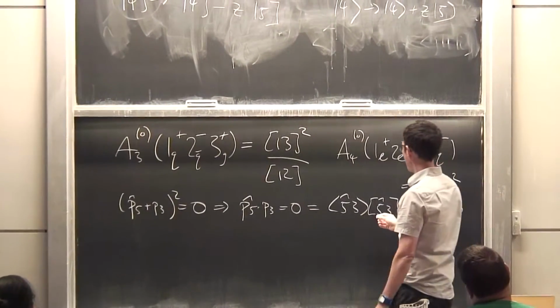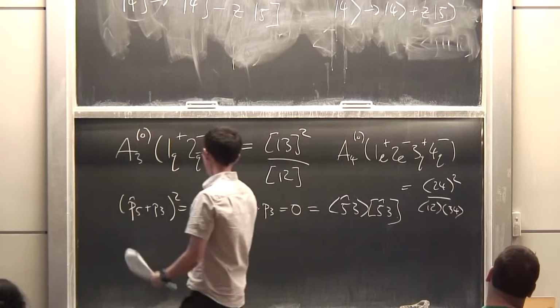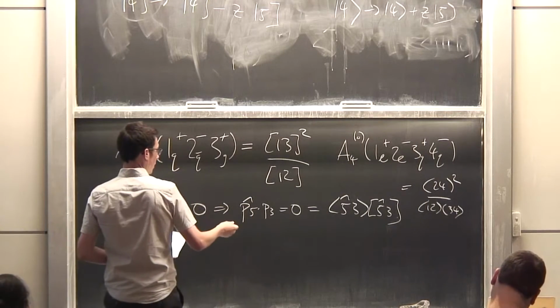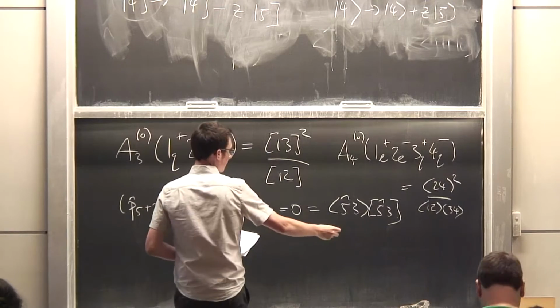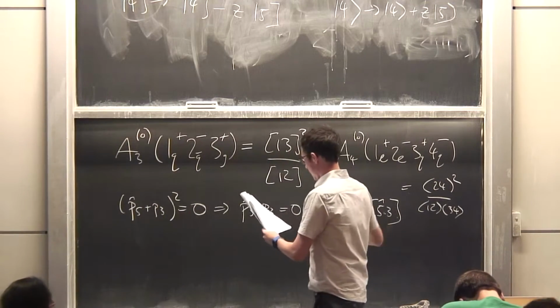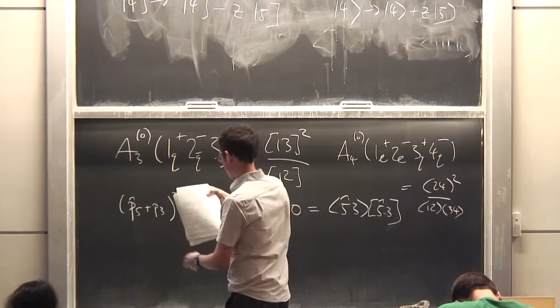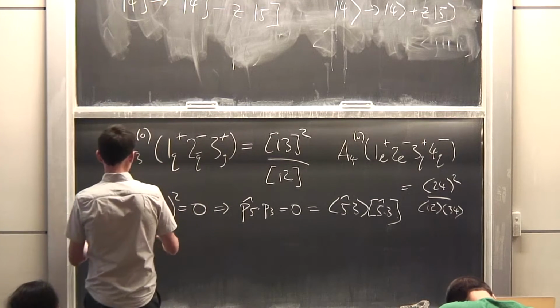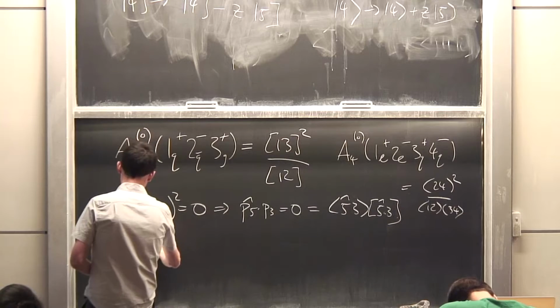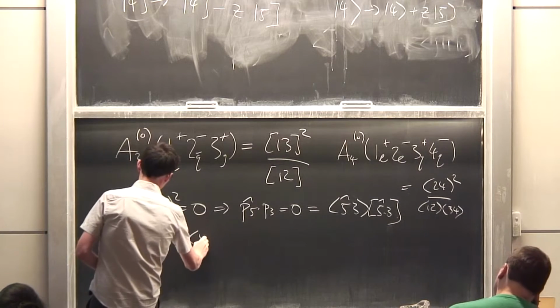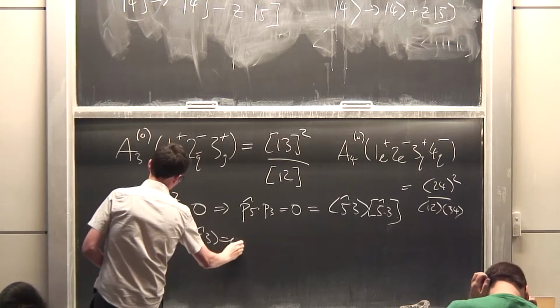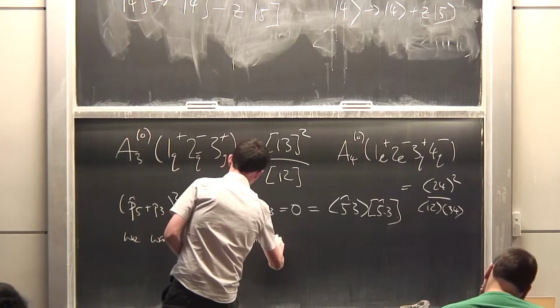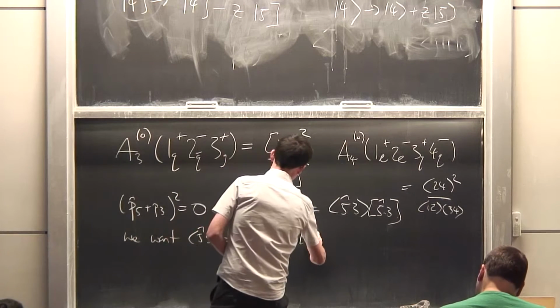If I choose the wrong way around, my only possibility is that the square is equal to 0. Let's see how I want to say this right. I don't want to talk myself into a hole. All right, so we want ⟨5 hat 3⟩ is equal to 0, and not the other.